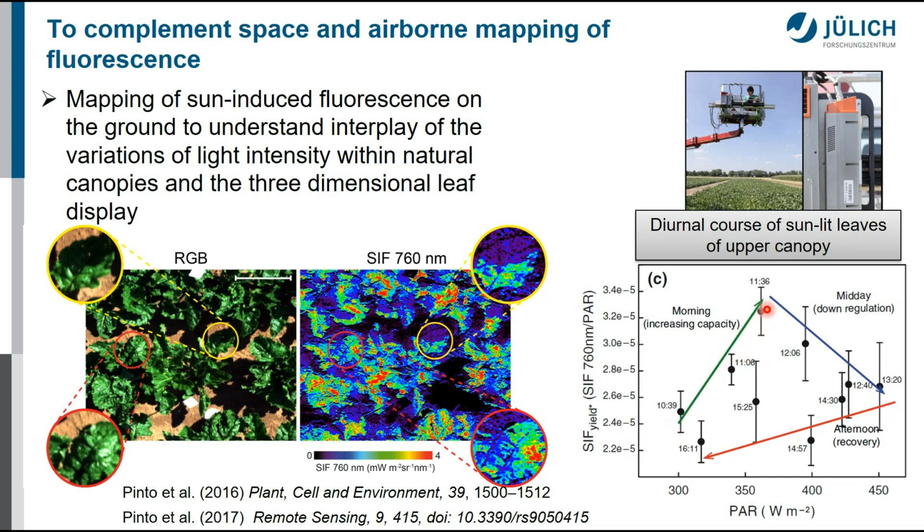This is expected: more light, more saturation of the photosynthetic machinery, more electrons which cannot be used photosynthetically, and the fluorescence light increases. But then during midday, the light intensity further increases, but the fluorescence signal decreases. And only later in the afternoon, starting at 2 to 3 o'clock, we see a recovery of the fluorescent signal with further decreasing light intensities.